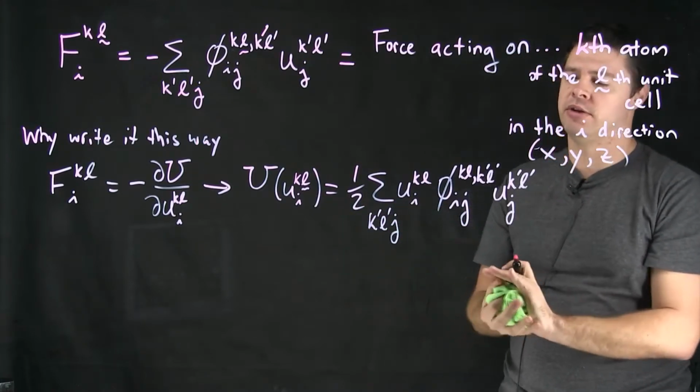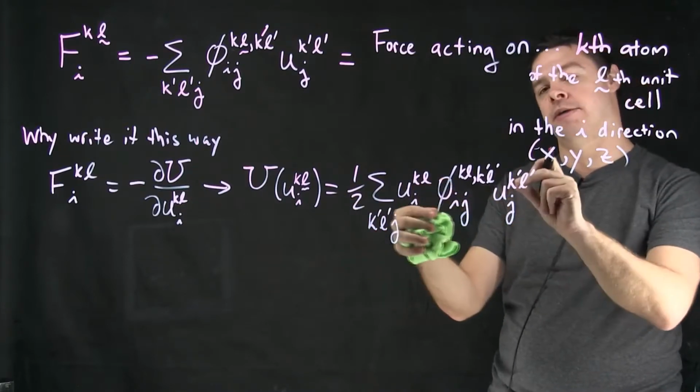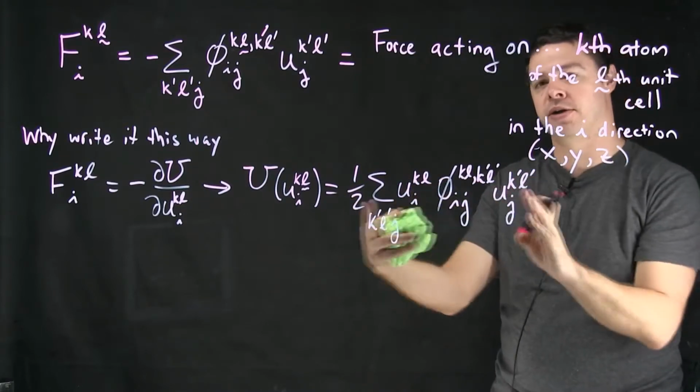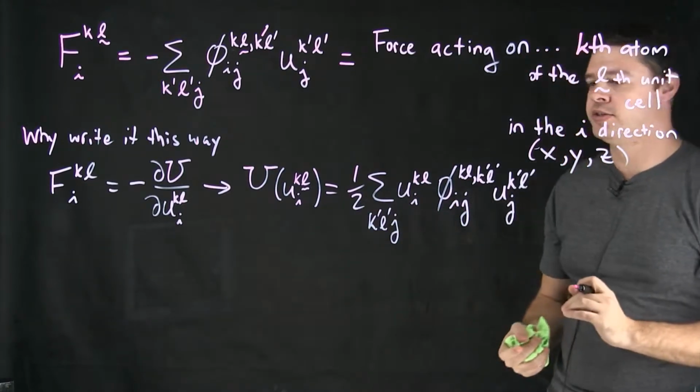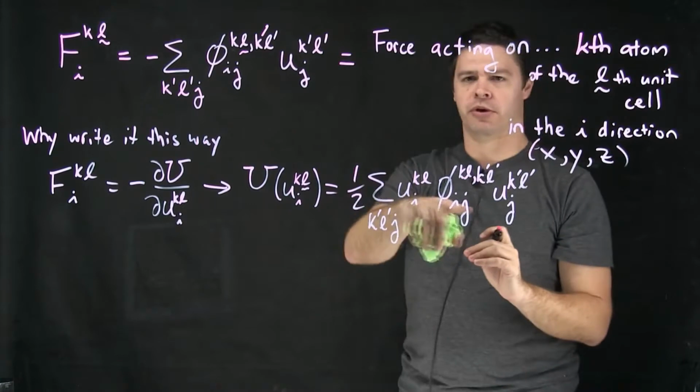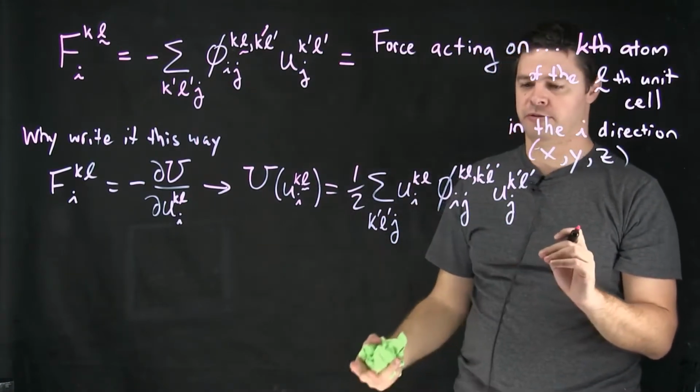Essentially this is something like a half k times displacement squared kind of term, just written in the matrix sense. So if you work backwards from something like this, you get those types of force constants.